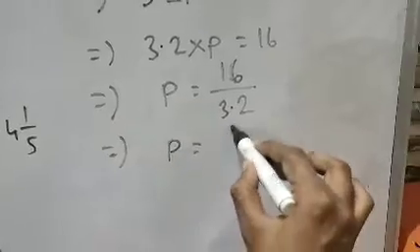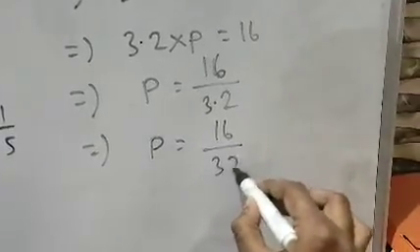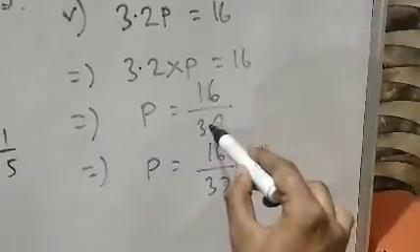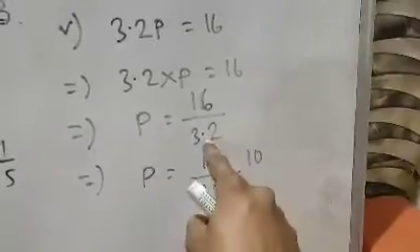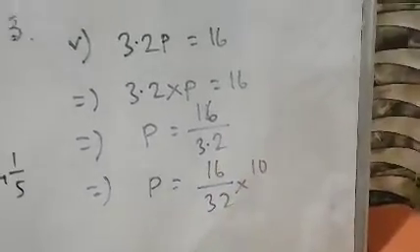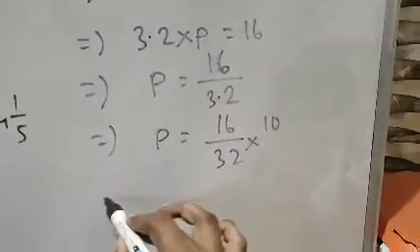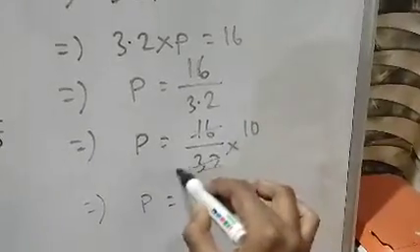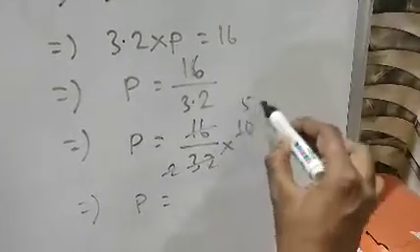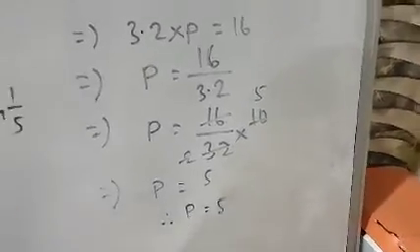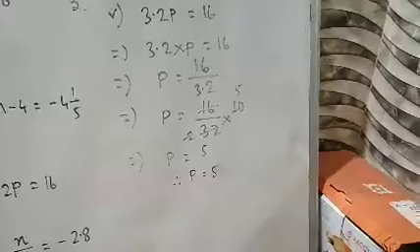Now 16 by 32 into 10, because if you remove this decimal, there is only one digit after the decimal, so 10 will be in the numerator. Now reduce: 16 2s are 32, 2 5s are 10, answer is 5.